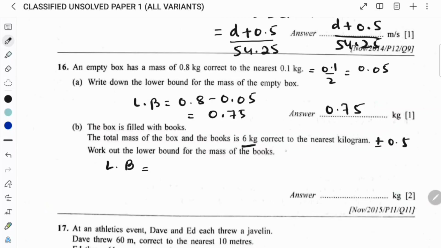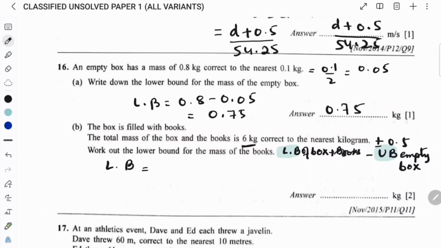So we take the lower bound of the box and books minus the upper bound of the empty box, then we get a lower answer. This is the lower bound minus the upper bound. So for the box with the books we have 6 minus 0.5.